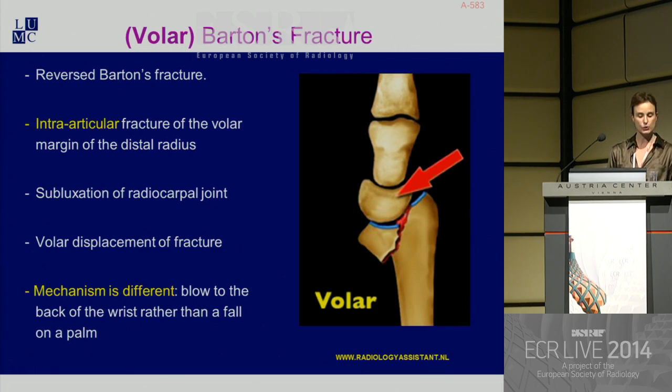In this case, we also have the intra-articular fracture, at the volar part of the radius with the subluxation of the radiocarpal joint, and the mechanism is also different. In this particular case it is a blow to the back of the wrist rather than a fall on a palm.